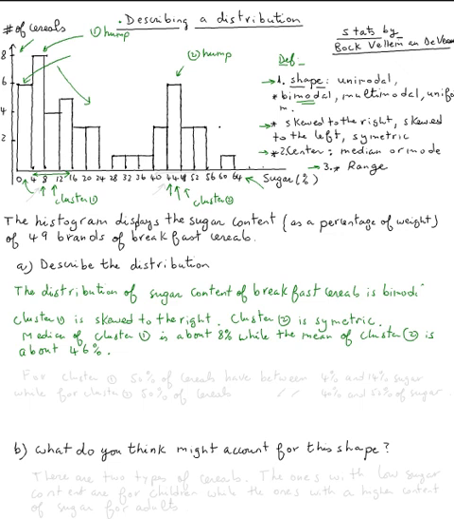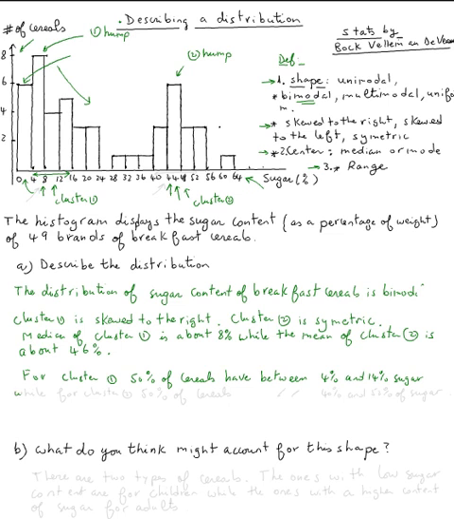For cluster 1, 50% of cereals have between 4% and 14% sugar, or 12%, it doesn't matter. 14% is still low sugar.